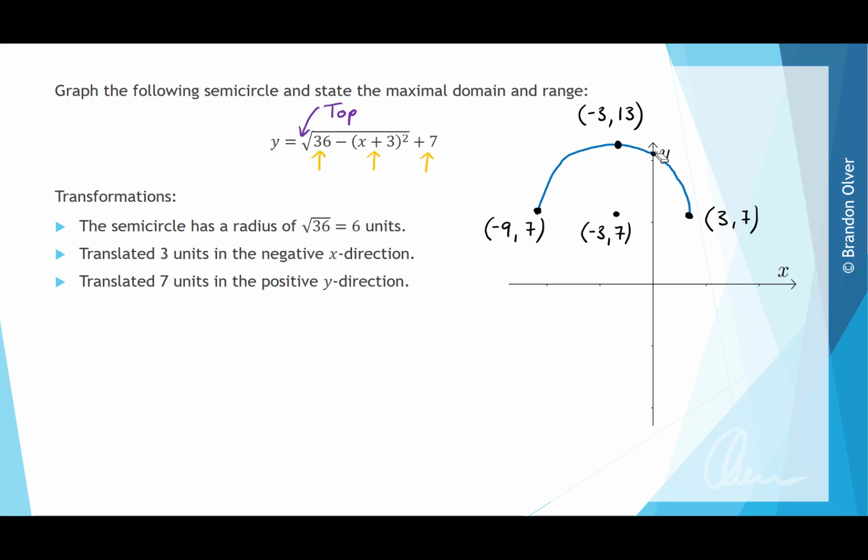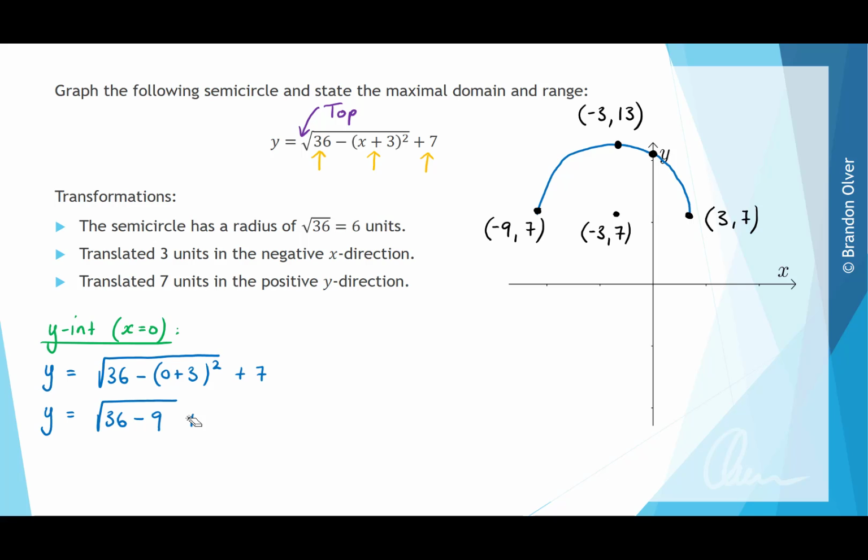The last point that we need to find is the y-intercept, and we find the y-intercept by letting x equal 0. So when x is equal to 0, we have y equals the square root of 36 subtract (0 plus 3) all squared, plus 7. If we evaluate that, (0 plus 3) all squared is 9, and then we still have plus 7, so y equals the square root of 36 subtract 9, which is 27, plus 7.